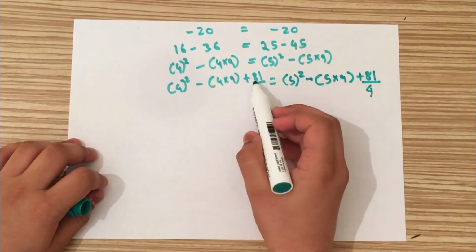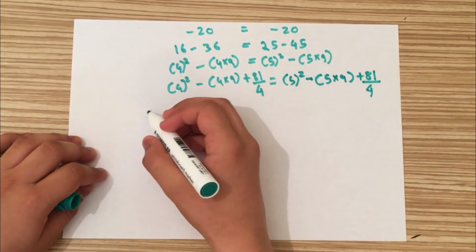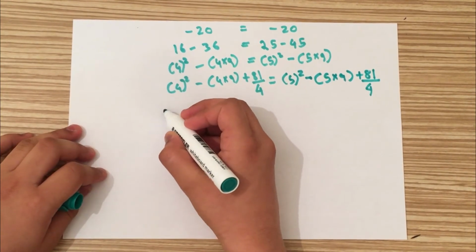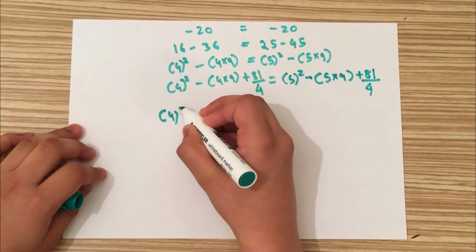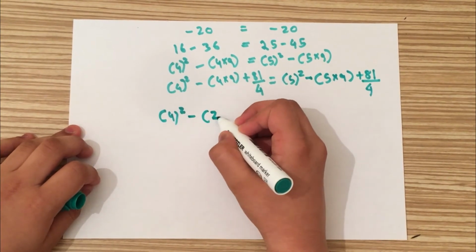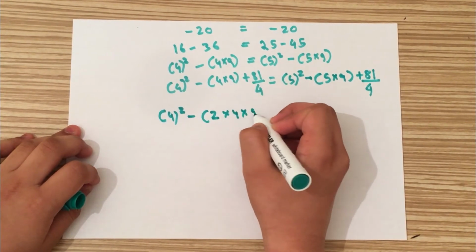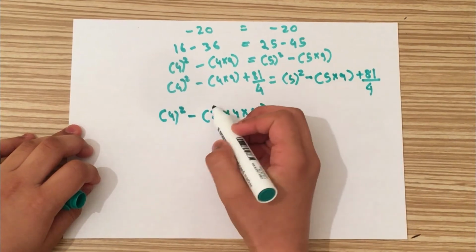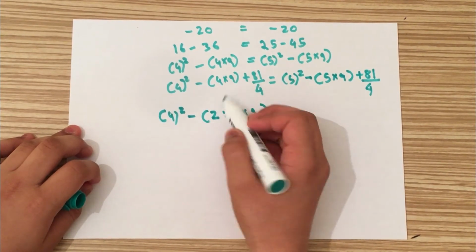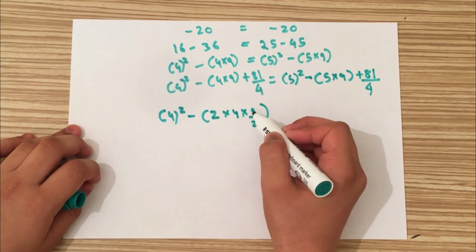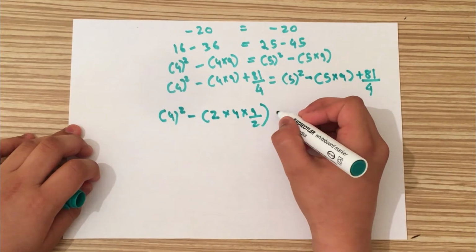So it's the same, we're just adding 81 over 4. So now 4 squared minus 2 multiplied by 4 multiplied by 9 divided by 2. So we're just multiplying this by 2, and then we're taking 2 away from 9, so that works.